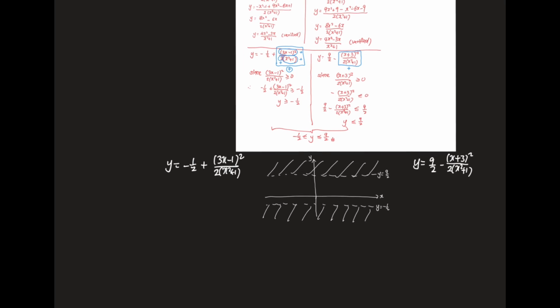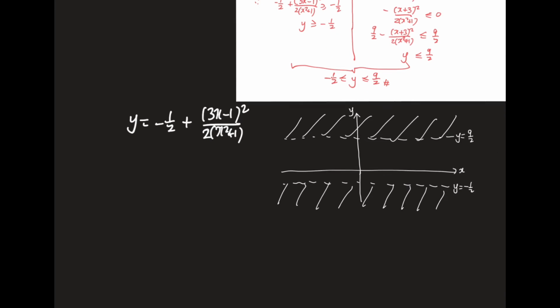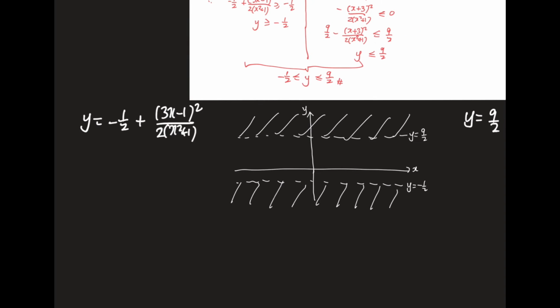Okay, so I start from this side. The turning point, like what I explained, we should expect it to stay somewhere around y equal to minus half. When y equal to minus half, I can easily cancel off the minus half because I have minus half on both sides.